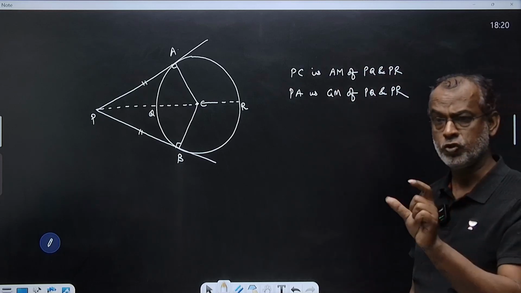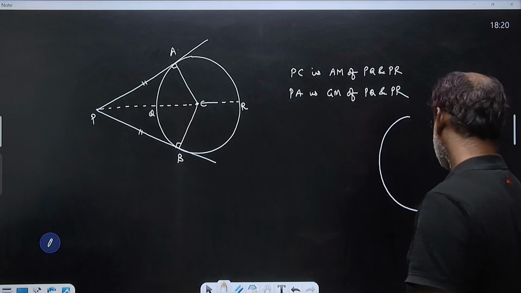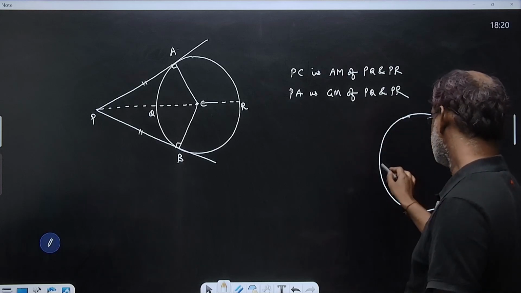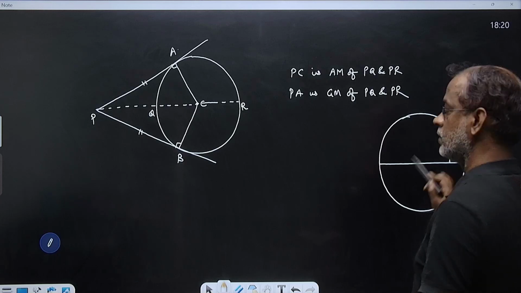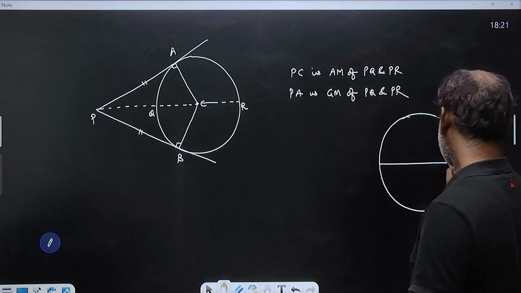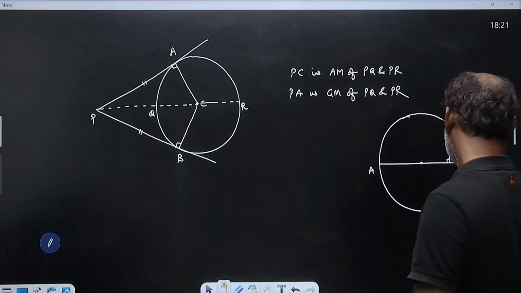In fact, the term geometric mean comes from here only. If you have a circle and draw a perpendicular, this is the diameter say. What is this length?